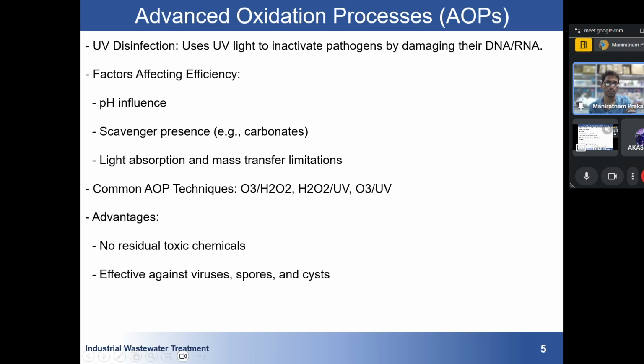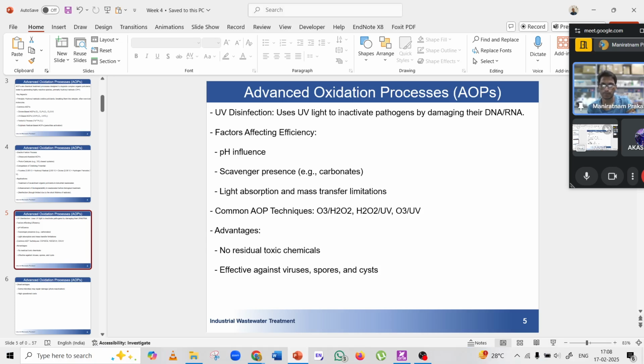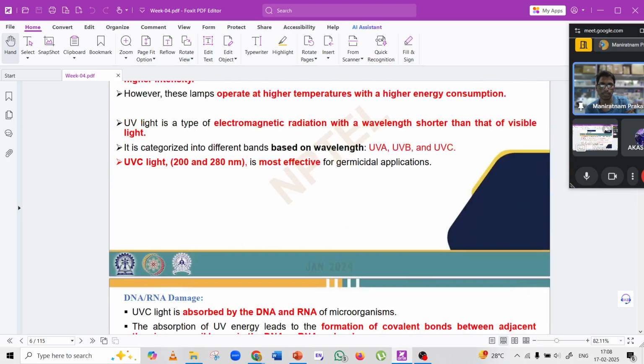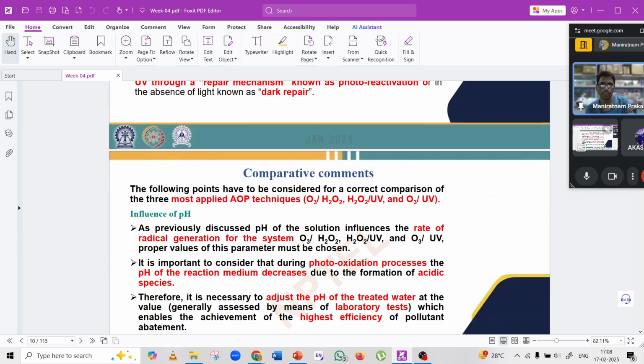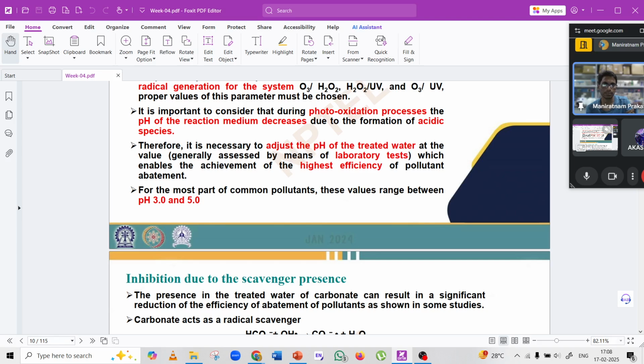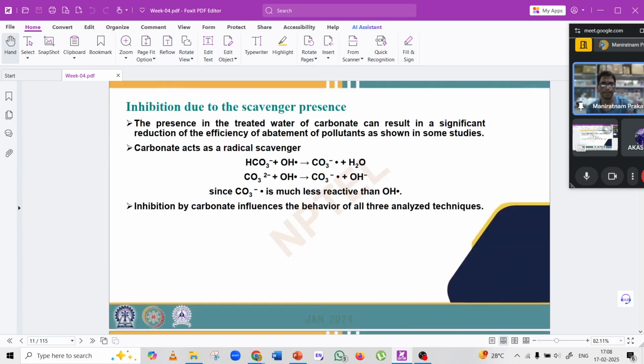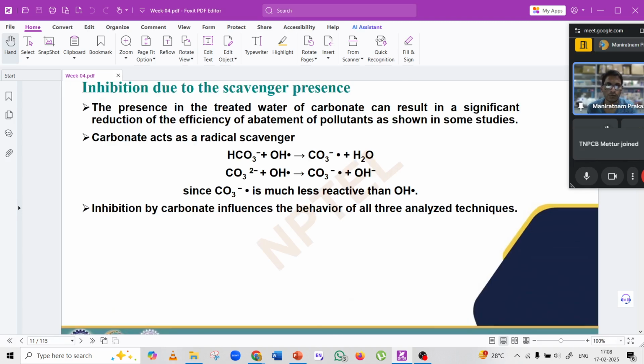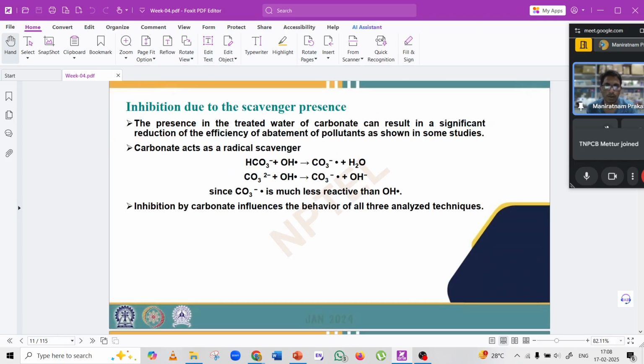Then the scavenger presence. Due to the presence of carbonate, or rather bicarbonate, instead of the formation of OH radicals, this bicarbonate will combine with OH radicals and form radicals of its own.